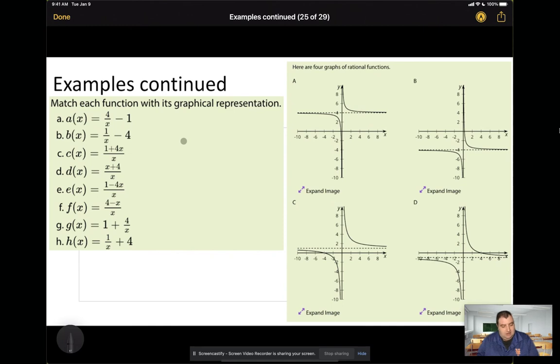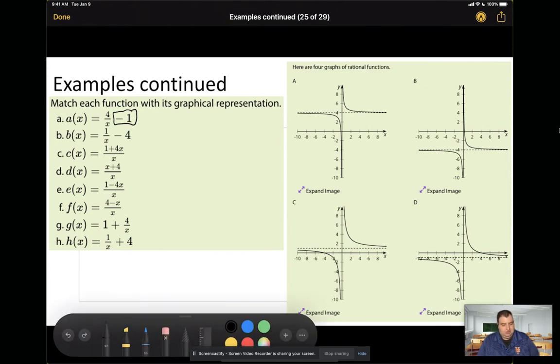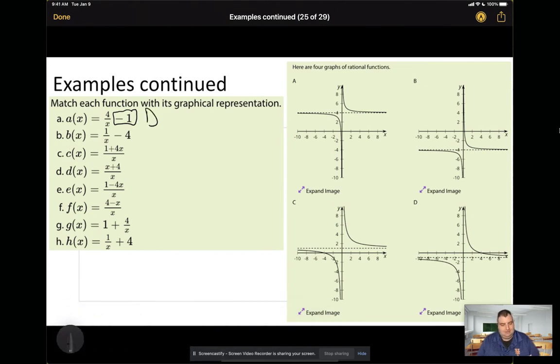So the constant term, which in this case is negative 1, is going to tell me where the horizontal asymptote is. So the question is, which one of these 4 graphs has a horizontal asymptote at -1? It looks like D does. So function A is going to match with graph D.